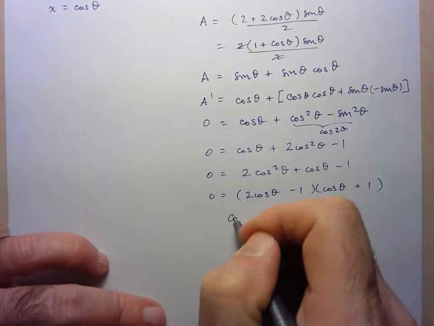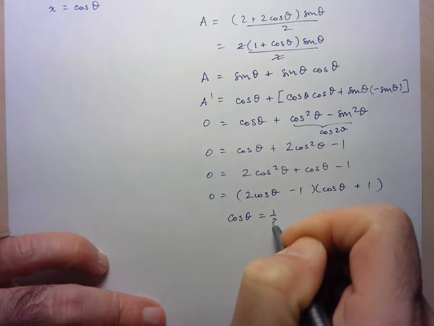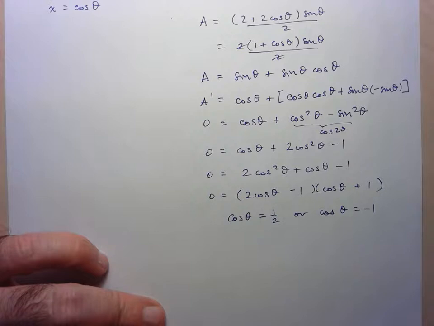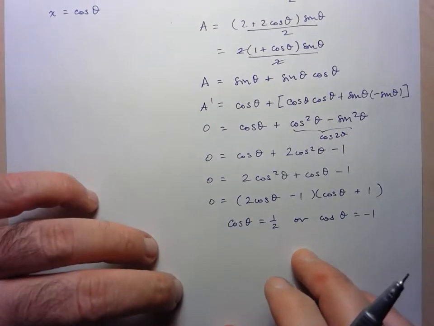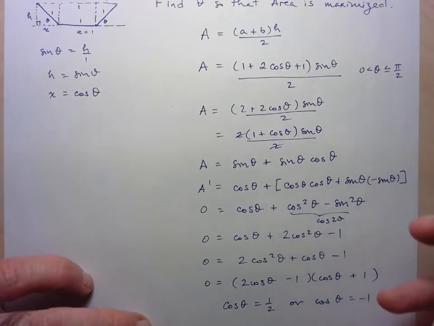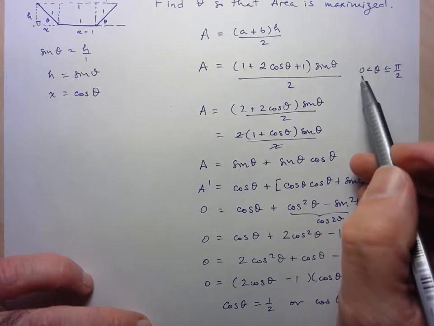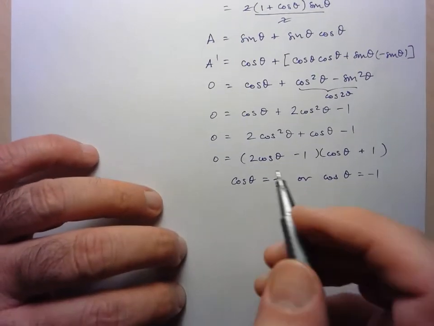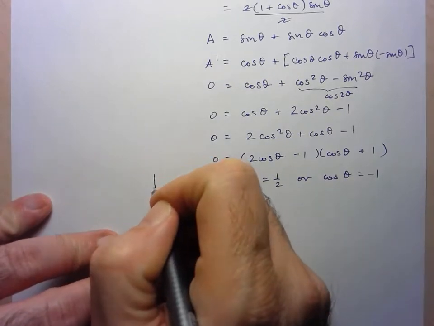So here we have cos theta is equal to a half, or cos theta is equal to negative 1. Now keep in mind, and this is why it's really important to always come up with the constraint on your variable, that we're only working between 0 and pi over 2. So I'm only working in the first quadrant.